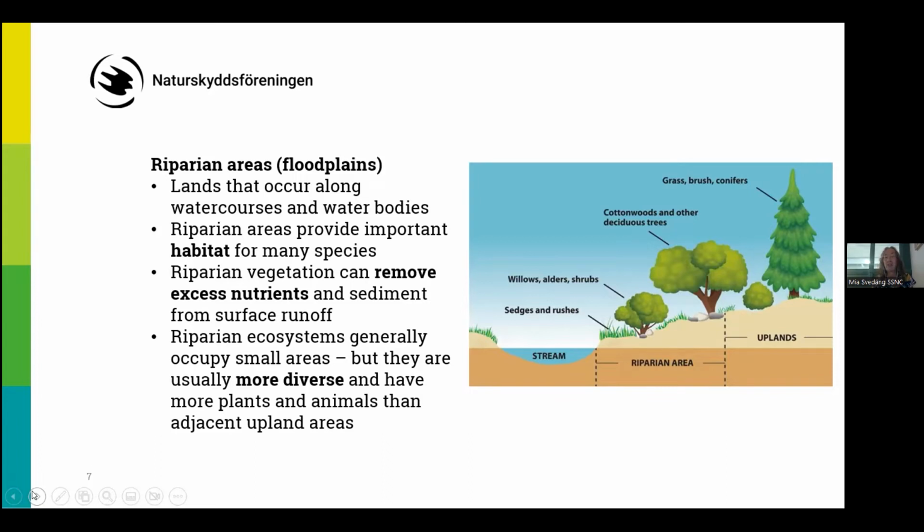And the vegetation in the riparian zone can remove excess nutrients and also sediments and different poisonous substances and so on from surface runoff. And the riparian ecosystems generally occupy quite small areas, but they are really very important because they are usually more diverse and have more plants and animals than the upland areas. So it's a really important area, although it might be quite small.